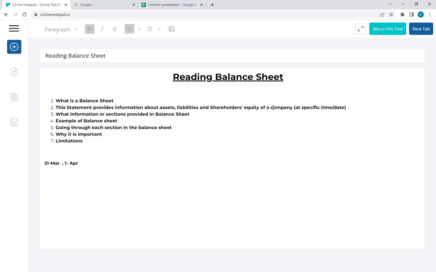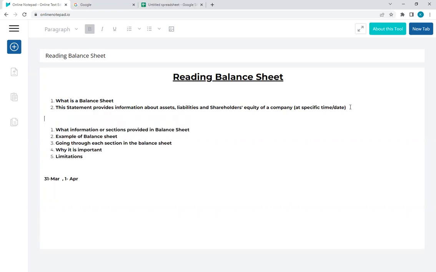So now, let us go to what an asset is. If you are new to financial statements and the financial accounting environment, let me give you basic information on what an asset is.